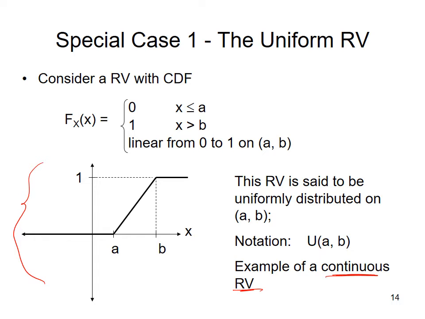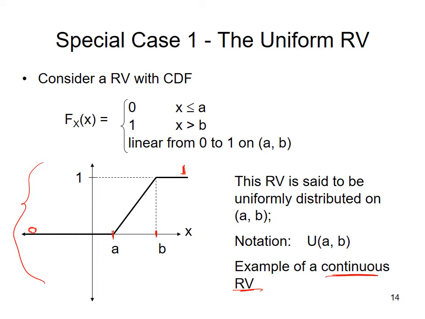In particular, it starts out at 0 and it ends up at 1. Again, that's a necessary property. In this particular case, it's 0 whenever x is less than or equal to some number a on the number line, and then it's 1 whenever x is greater than b over here. So once I get to b, it takes value 1.